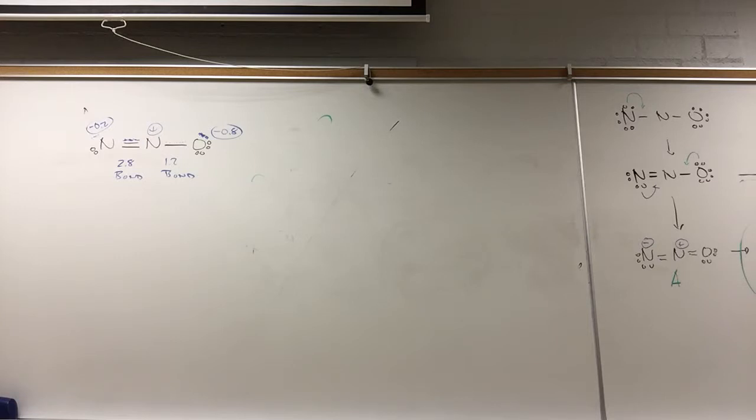Well, normally, if these were equivalent resonance forms, we just split the difference, right? We call it 2.5. This is 50-50, right in the middle. And then we look at the oxygen. The oxygen is a double bond here and a single bond here. And so if this were 50-50, we just call it 1.5, right in the middle.